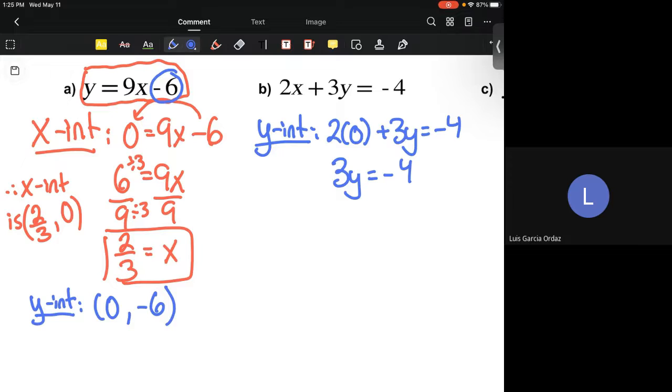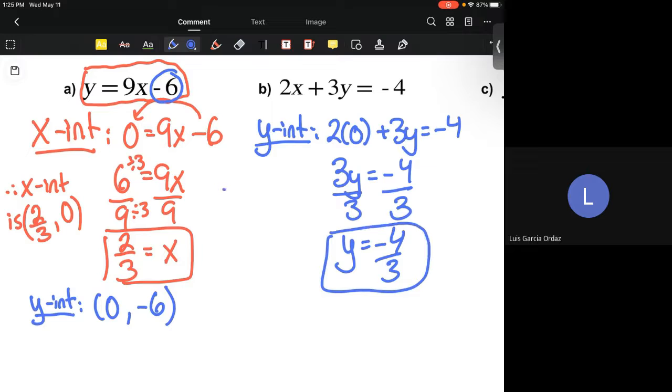So you divide the 3 with the 3, and then you divide the 4 with the 3. So I get y is equal to negative 4 over 3, which means my y-intercept is 0, comma, negative 4 over 3.